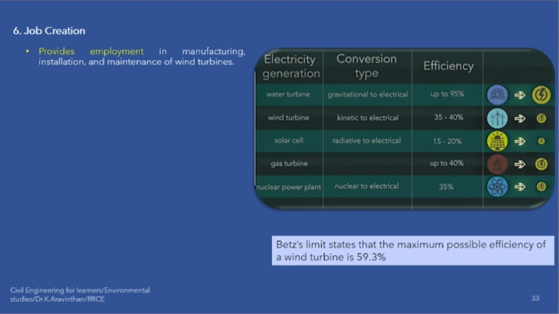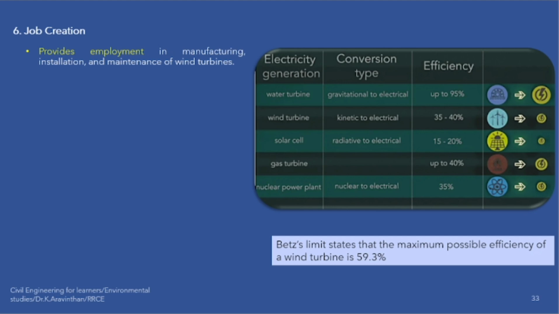Only 20% is absorbed by the photo cell. I have told you, photo cells are semiconductors. The semiconductor in the panels does not absorb 100%; it reflects. Till now we have achieved only 20%, and research has to be done to increase the efficiency.